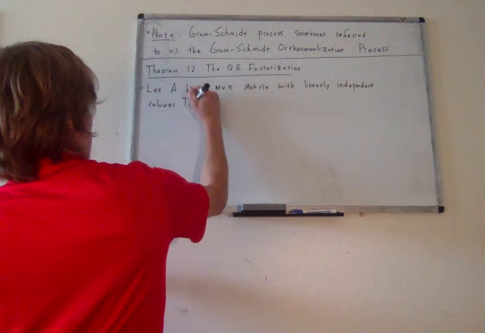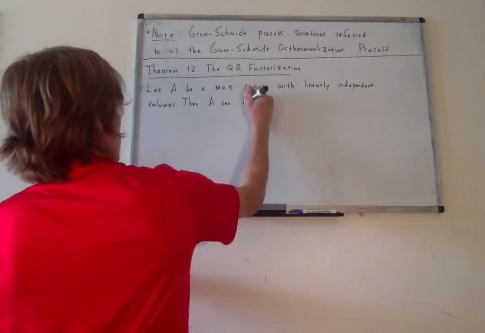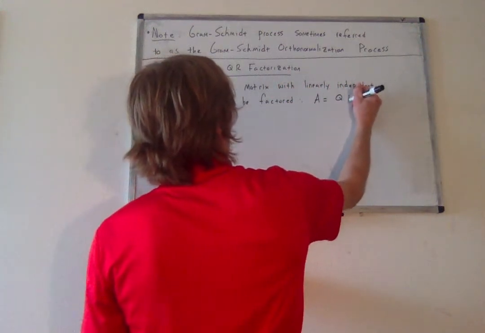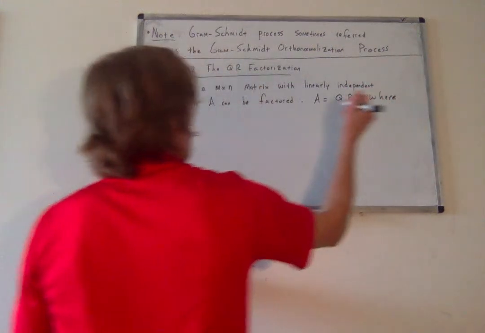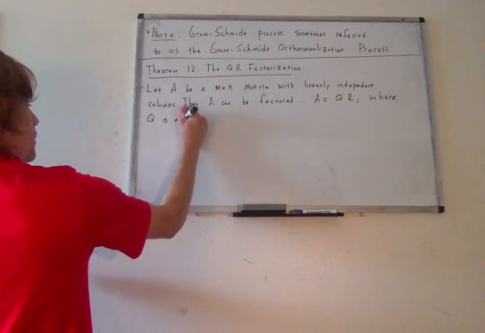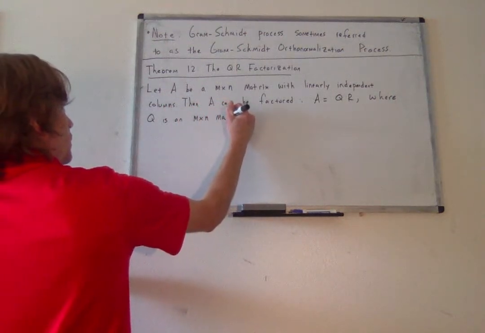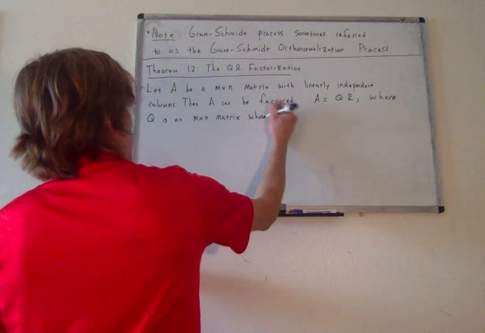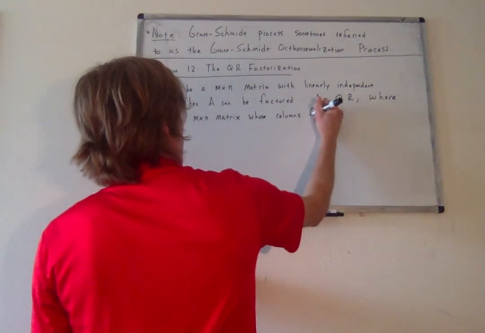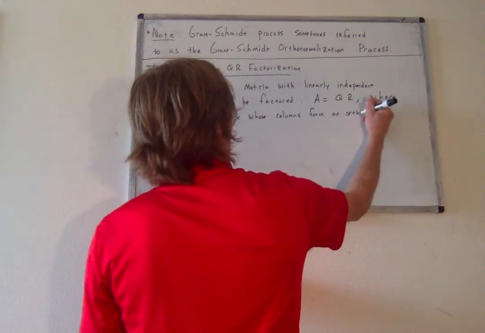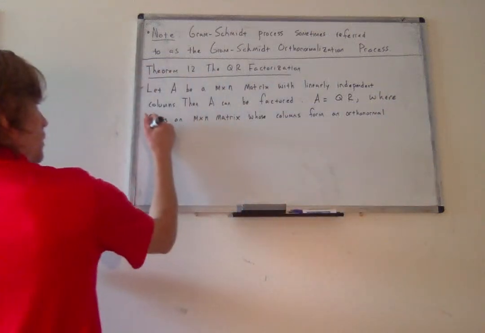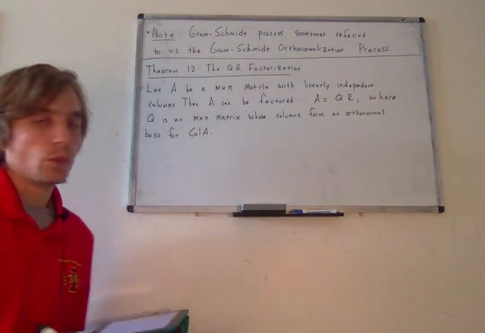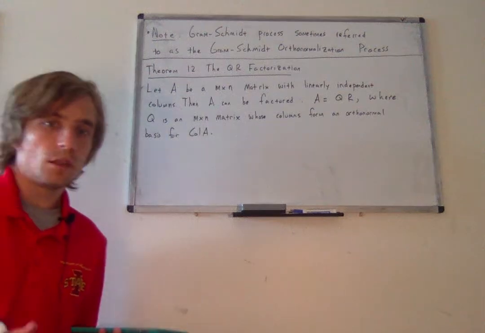So if A has linearly independent columns in this way, then A can be factored in the following form: A equals Q times R, where Q is a matrix with the same dimensions as A, an m by n matrix whose columns form an orthonormal basis for the column space of A. It's this line here, which specifically means we now have the ability to find Q using the columns of A, which we'll see in a second.